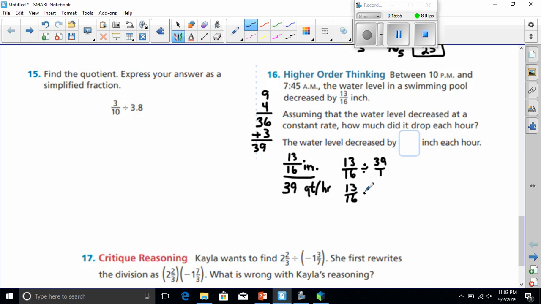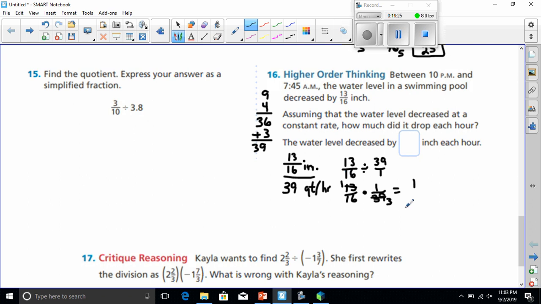We're changing the multiplication, and now we'll turn this to 1 over 39. And now we could use the butterfly method here, 13 and 39. I know that 13 goes into 39 3 times, so we can slice that off. Put a 3 there, and cut through that and put a 1 there. And now we have 1 times 1, and that equals 1.